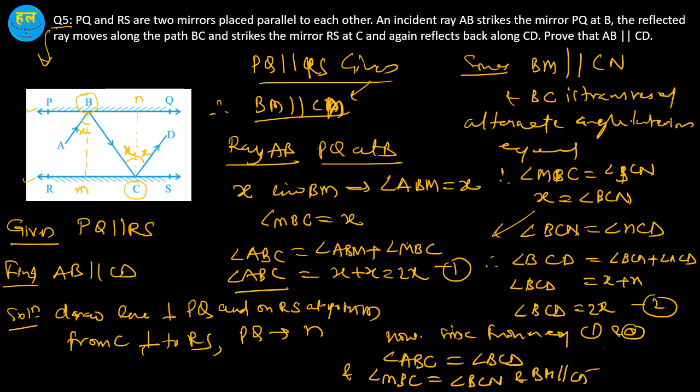Therefore this is only possible because alternate interior angles of a transversal passing through two parallel lines are equal. Since they are equal, both these lines have to be parallel.